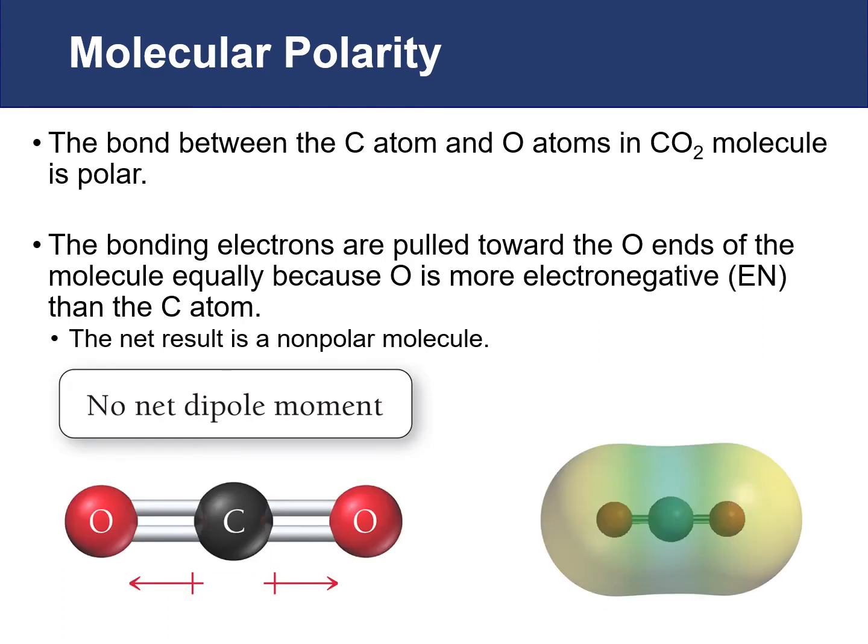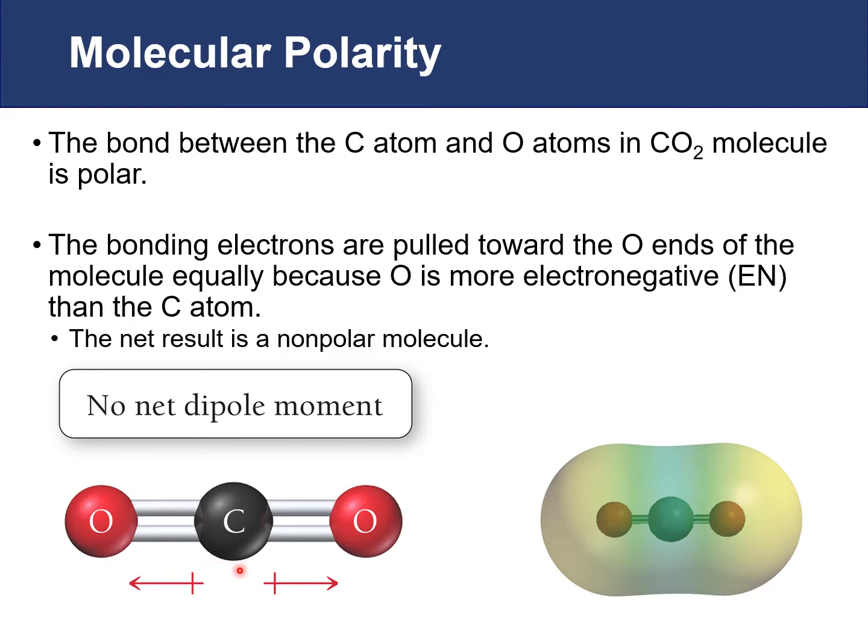Unfortunately, when we are looking at molecules that are larger than diatomics, another concern comes into play. Just because a molecule itself has polar bonds does not mean that the molecule is polar. For example, carbon dioxide, the bonds between the carbon atoms and the oxygen atoms in CO2 themselves are polar. Oxygen is the second most electronegative atom there is.